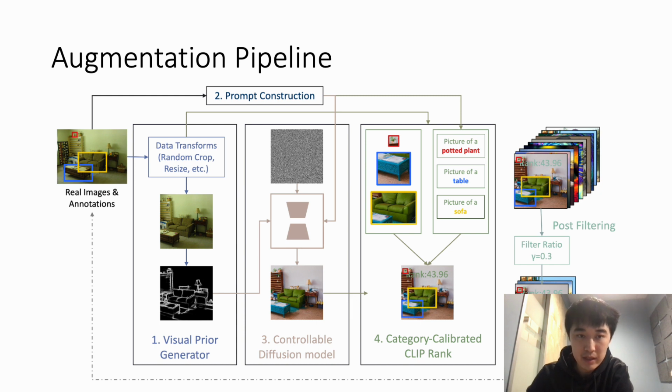Then we input the text prompt and the visual prior into the controllable diffusion model and generate synthetic data with images and also the annotations.